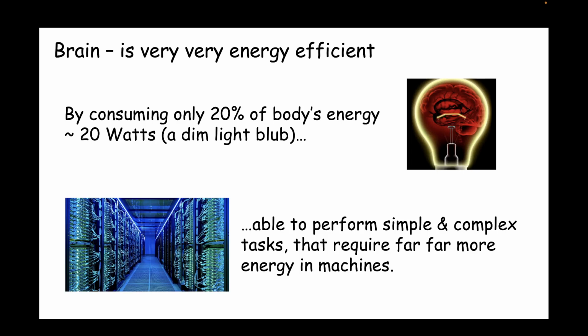For example, a typical laptop is around 60 watts, and it can do some tasks much more efficiently than even the human brain, but there are certain tasks in day-to-day life which human brains excel at, and currently the machines have not reached that level. So this is another aspect of why the brain is fascinating.